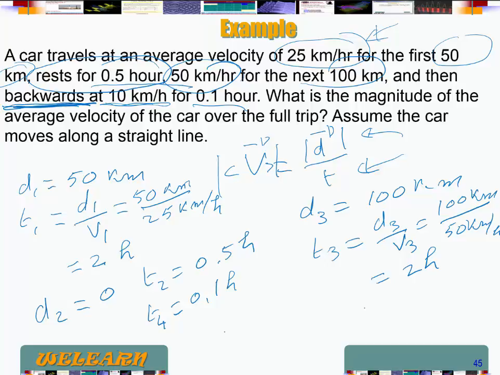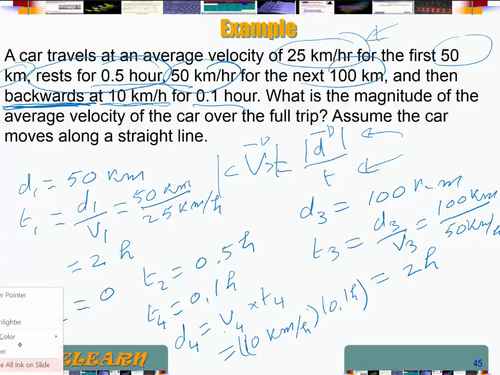Now, for the displacement, D4, it's going to be V4 in magnitude times T4. So that's going to be equal to 10 kilometers per hour in magnitude times 0.1 hours.